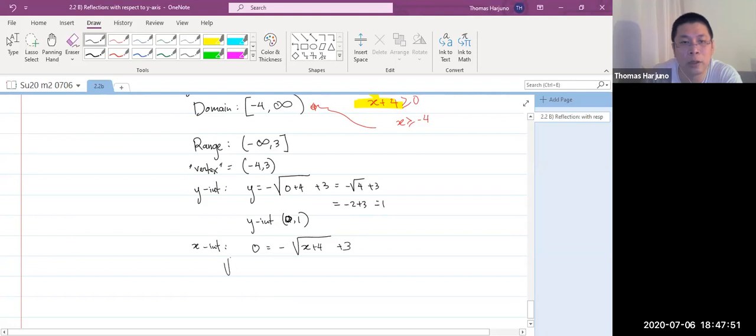That's why we learned to solve radical equations last time, right? So we isolate the radical. The other side is already positive, so I can square both sides safely. So x equals 5. Now we confirm that the x-intercept is 5, 0.